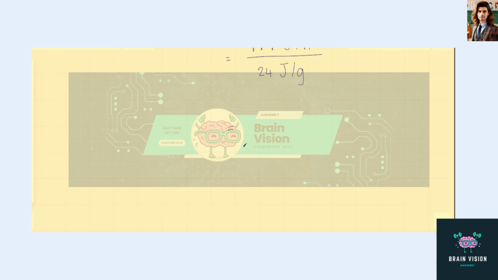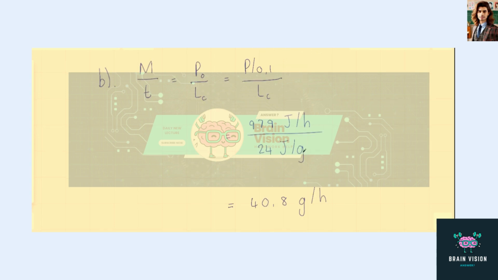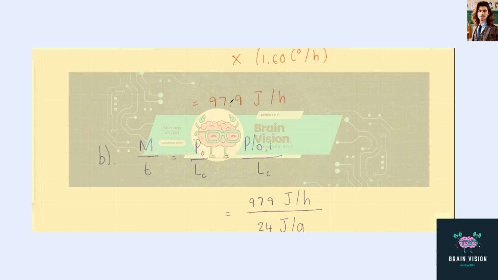And so the total amount of food that the hamster must eat every hour is 40.8 grams. So if the hamster consumes 40.8 grams of seed every hour, it will be able to provide 97.9 joules of energy every hour.